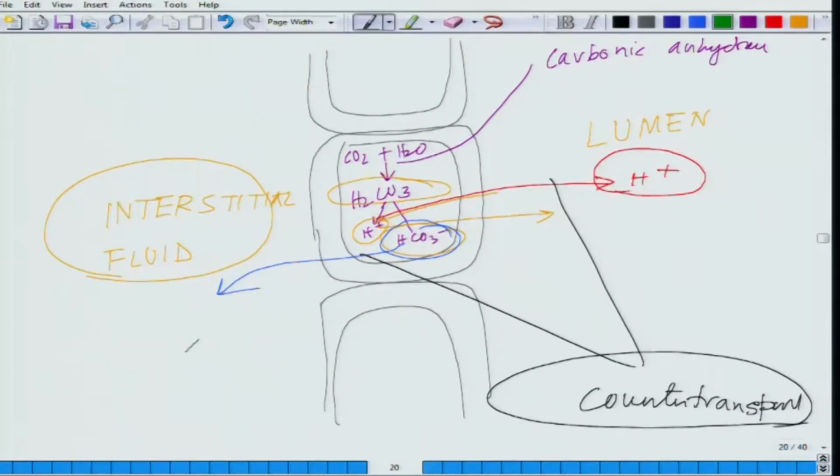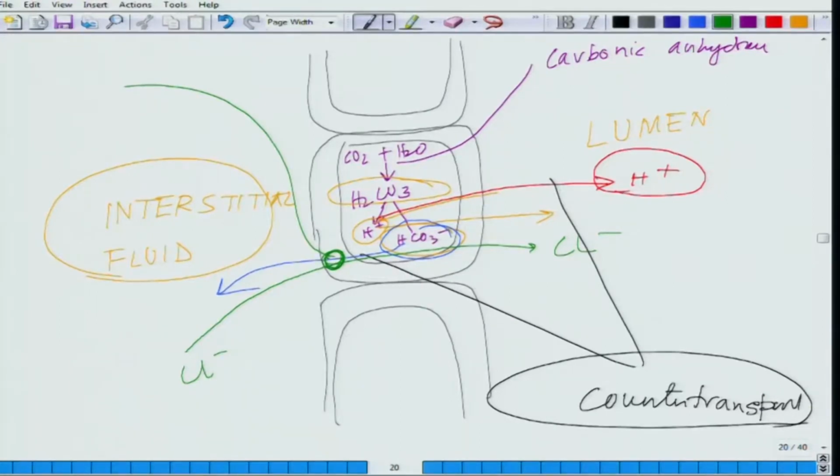Okay. So, after this, the chloride is being transported from the interstitial fluid like this, and this chloride transport and HCO3 ejection is reversible. In one direction, the bicarbonate is being released out of the cell and chloride is being taken up into the cell.